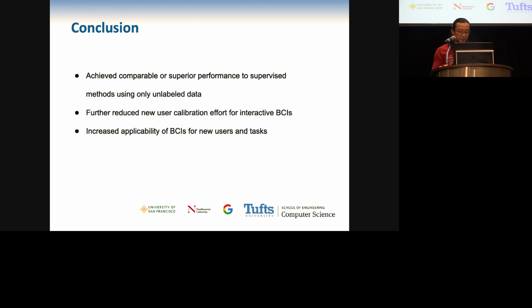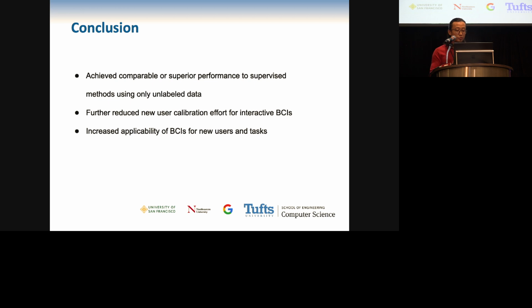To conclude, we developed a new learning framework, NIRS-X, to utilize unlabeled fNIRS data for building a general brain activity encoder. We showed that NIRS-X matches or even improves classification performance over supervised baselines.